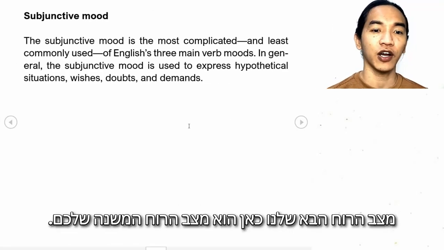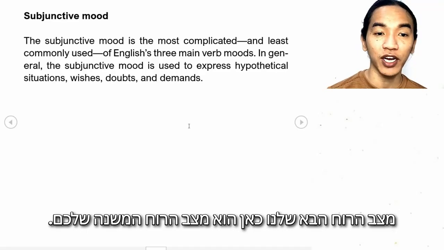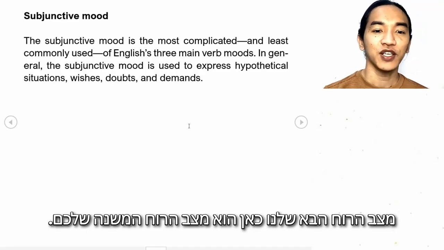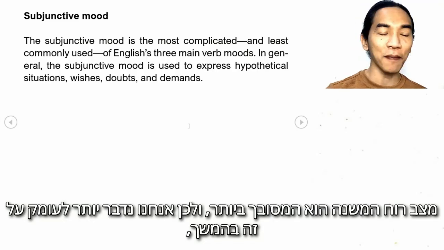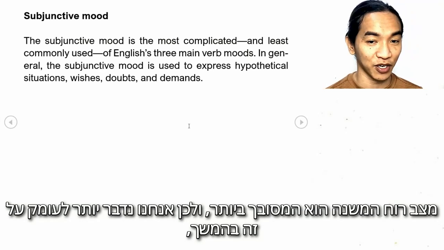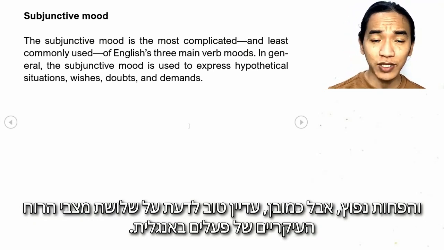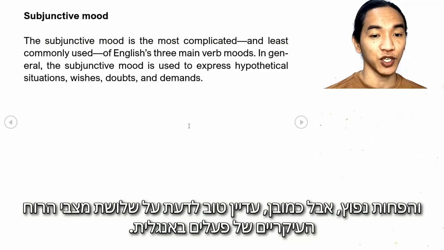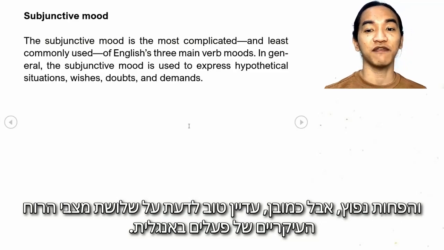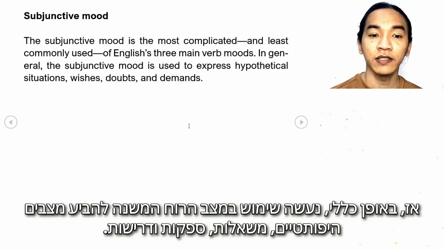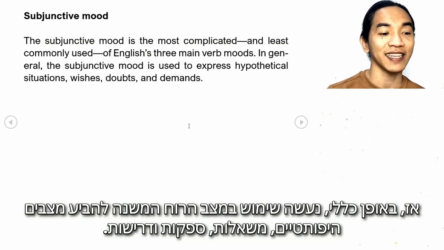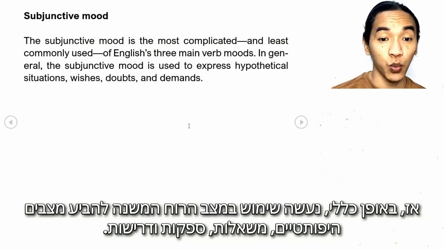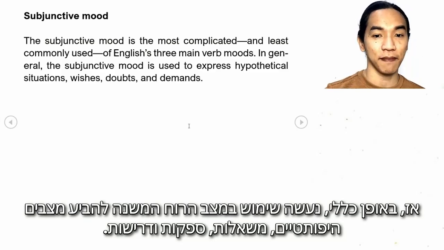Next type of mood here is your subjunctive mood. The subjunctive mood is the most complicated, so that's why we will be talking more deeply about this later on, and the least commonly used, but of course still good to know, of English's three main verb moods. In general, the subjunctive mood is used to express hypothetical situations, wishes, doubts, and demands.